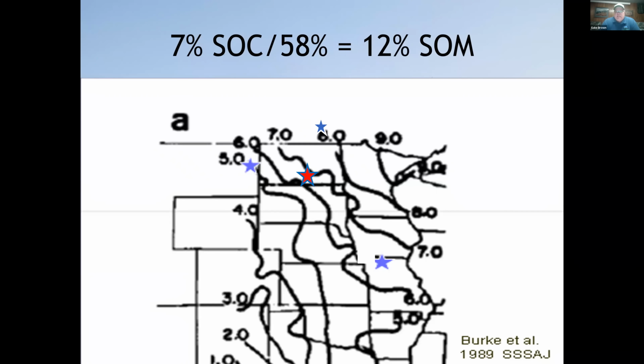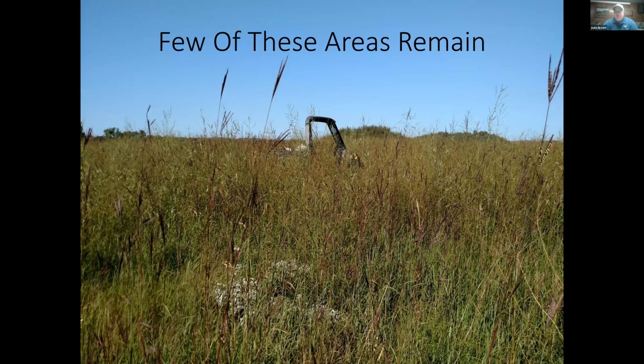People in Iowa, Illinois, Indiana, Minnesota, they brag about their great soils, yet those soils were once 12 to 15% organic matter. Well, we're nowhere near that today. There's very few of these areas remaining today. You have to look long and hard before you find one like that.